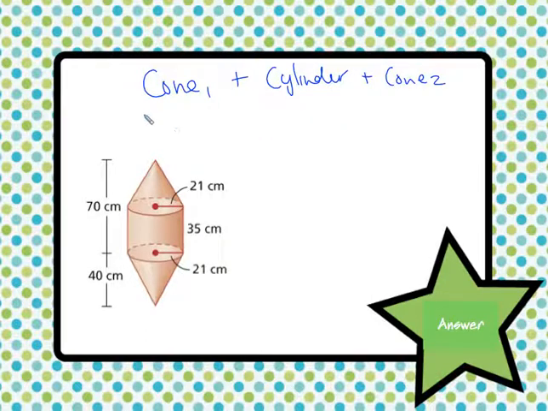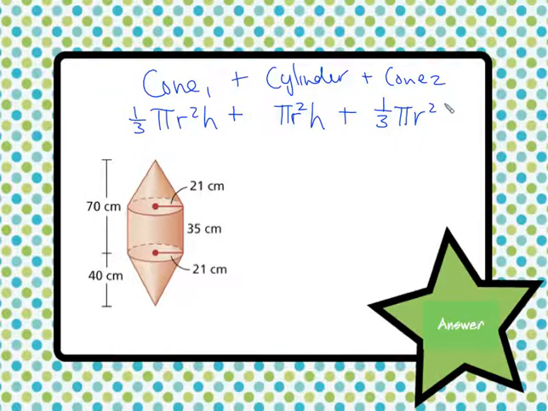So volume of a cone is going to be 1/3 pi r squared h. A cylinder is just area of the base times height, so it's just pi r squared h. And then this one is again 1/3 pi r squared h.